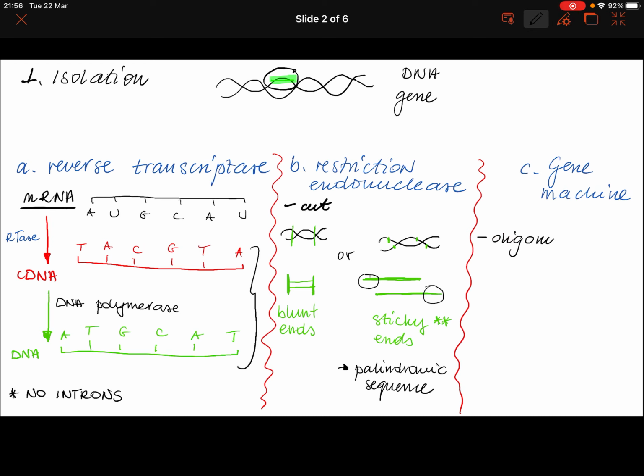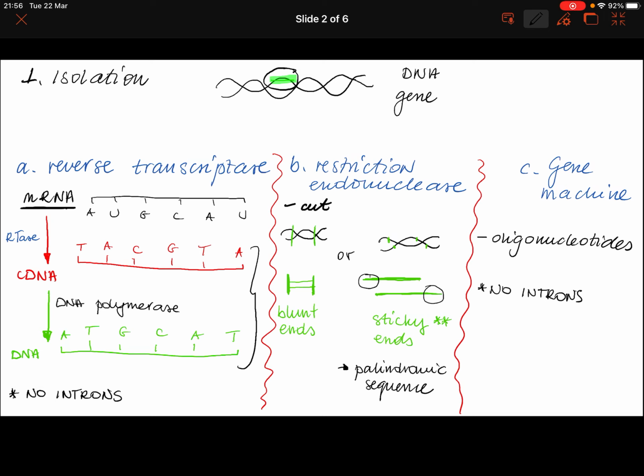Those nucleotides are called oligonucleotides. Here the advantage is as well that we have no introns, because we will feed into the computer just the nucleotide sequence of the bases that codes for the specific protein of our interest.